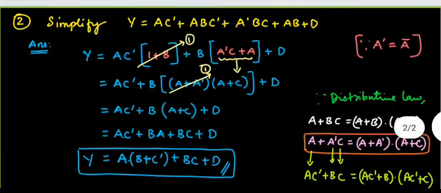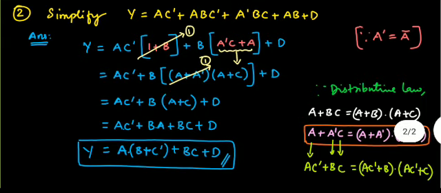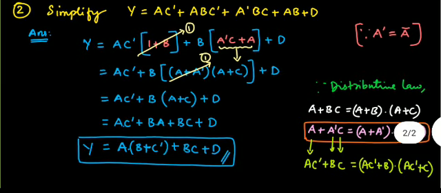We'll see the second problem. Simplify y equal to ac' plus abc' plus a'bc plus ab plus d. This is what the expression. So no need of implementation for this problem. Only we have to simplify the expression whatever given in the question. And as we know a dash is equal to a complement, right?